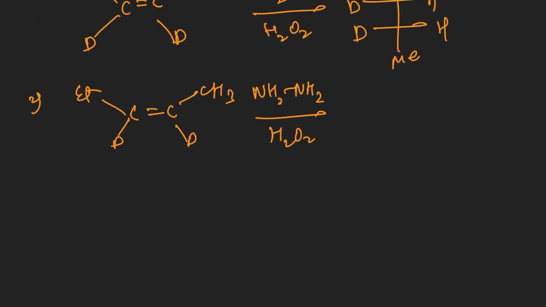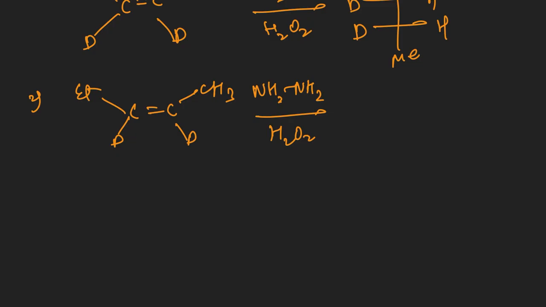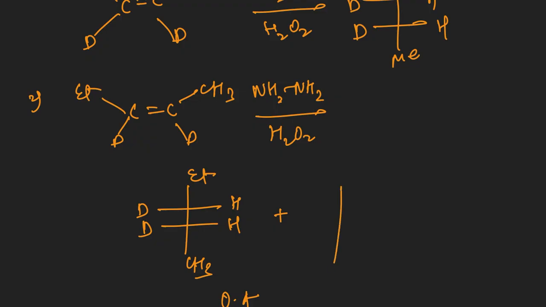It is trans: let's say we have above ethyl, then CH3, then deuterium, hydrogen, hydrogen. It is also syn, so it will form an enantiomer. It is optically active, so there will be one more compound which will be its mirror image.